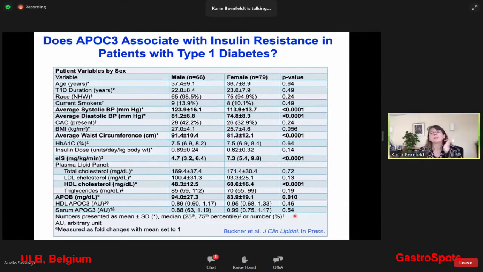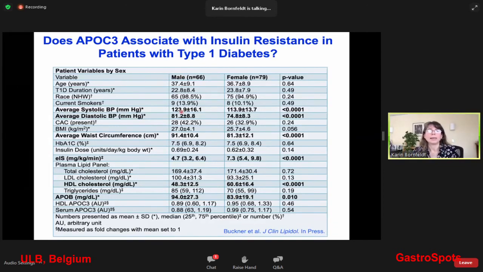So the last bit of the study I wanted to tell you about is just now in press. In order to look at whether insulin resistance could contribute to the increased ApoC3 levels in people with type 1 diabetes, we went back to the CACTI study and went back to this randomly selected cohort. In this study, we also stratified the study based on sex.